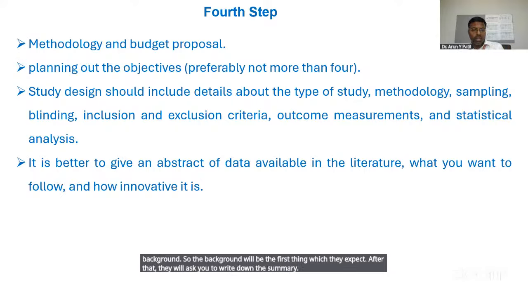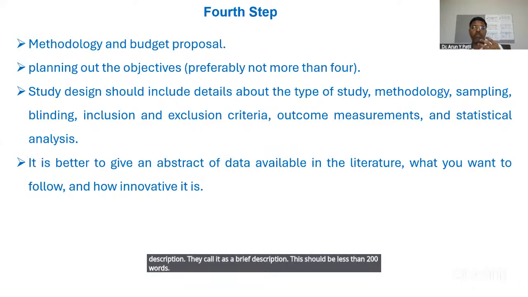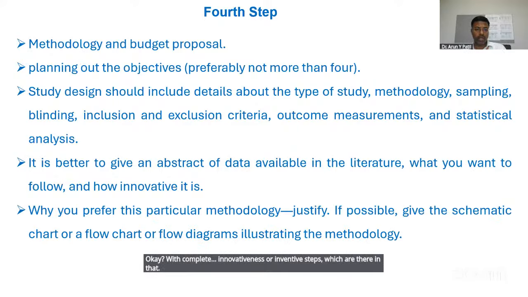Summary is one thing, or in some cases, it is called a brief description. This should be less than 200 words, wherein you give them the know-how of how exactly this is going to work, with complete innovativeness or inventive steps. That should be part of it.